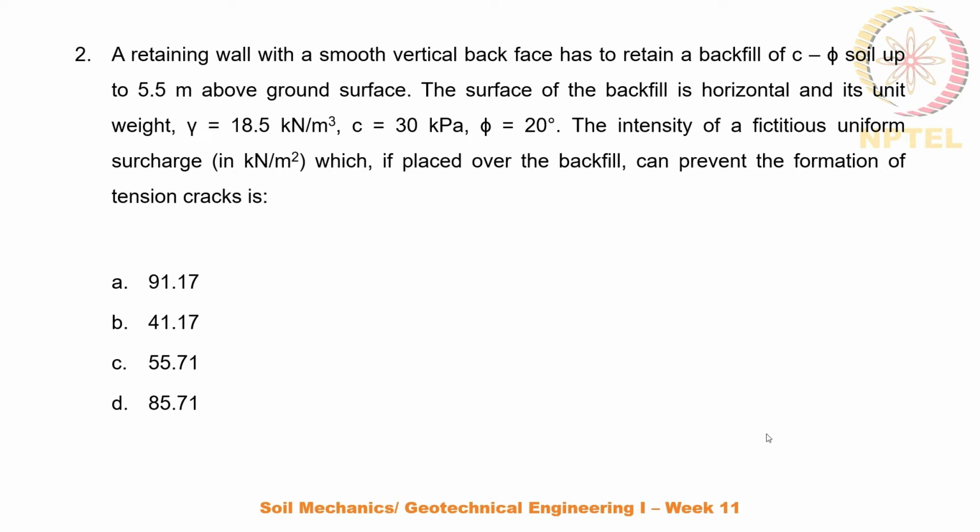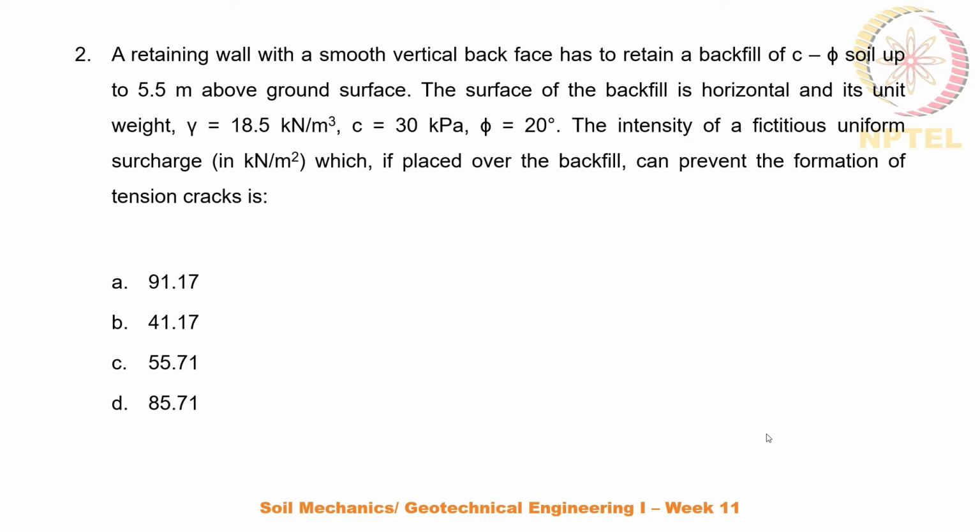Cohesion C is 30 kilopascal and the value for phi is 20 degree. We are asked to determine the fictitious uniform surcharge, if placed, the value of which should be such that it can prevent the formation of tension cracks.